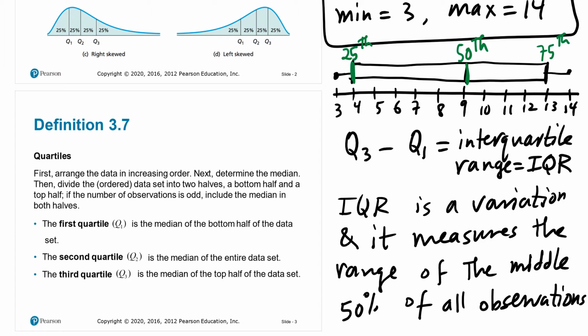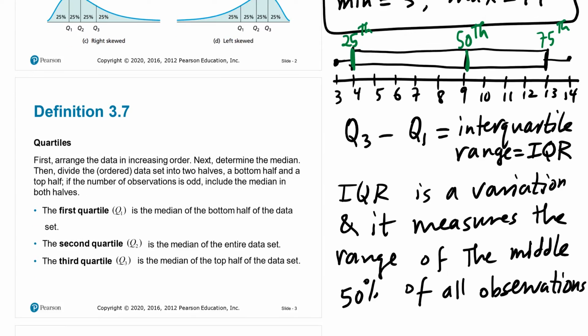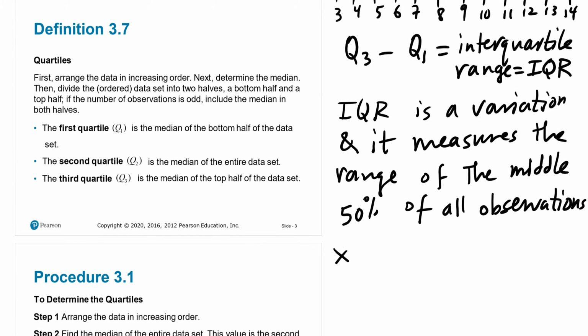So now we have two things to talk about the variation, or the spread, of the data. One is the standard deviation, which we introduced in the previous section, and the other one is the IQR.